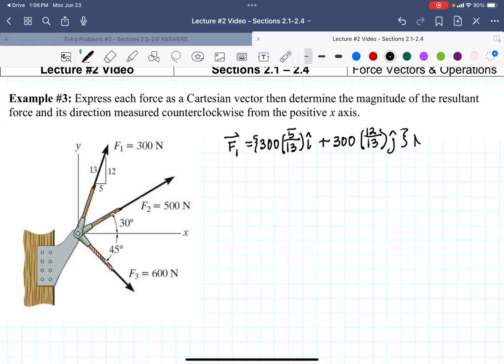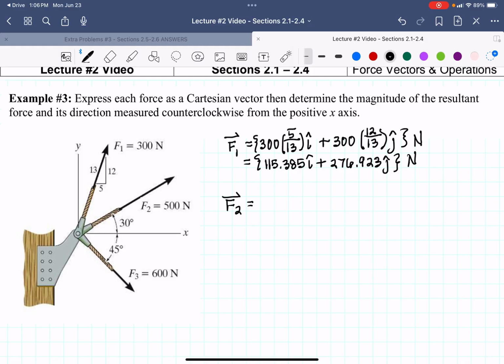This time we are in newtons, which is going to equal 115.385 I-hat plus 276.923 J-hat newtons.